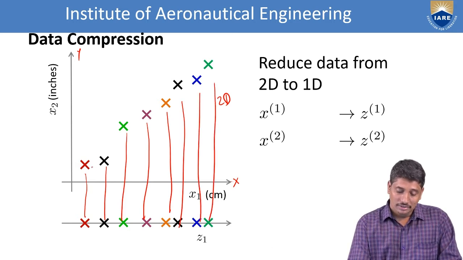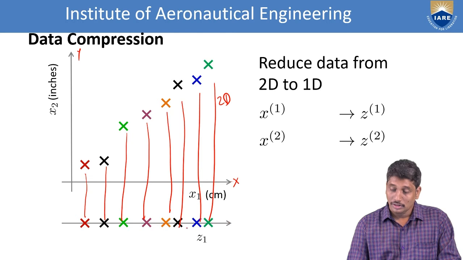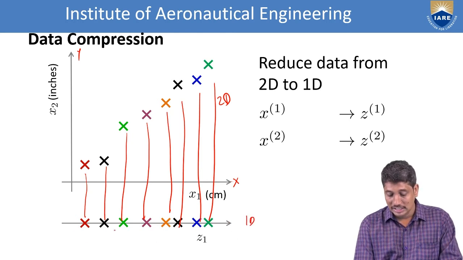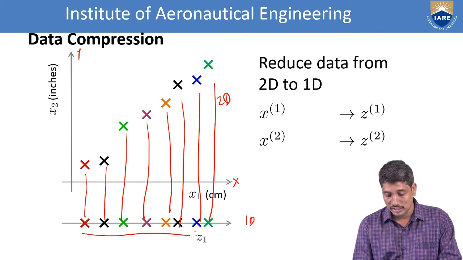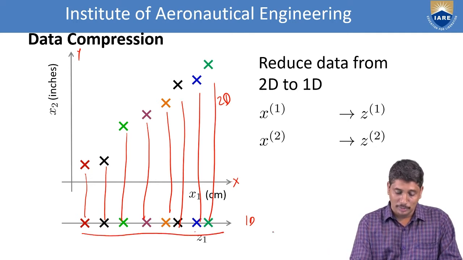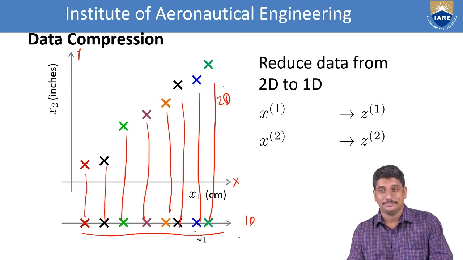That means these points which are flowing like this in the two-dimensional plane, when you project them onto a straight line, one-dimensional, they will be in a linear form. They will all follow a linear form. That means with the perpendicular projections, you have projected two-dimensional data into a straight line, a one-dimensional reduction.